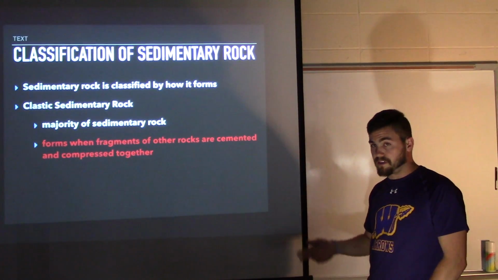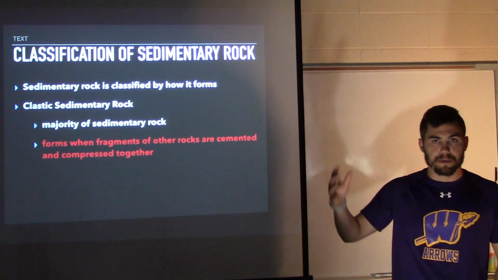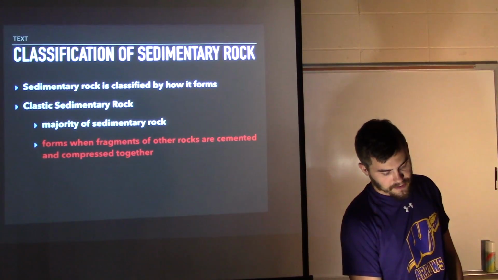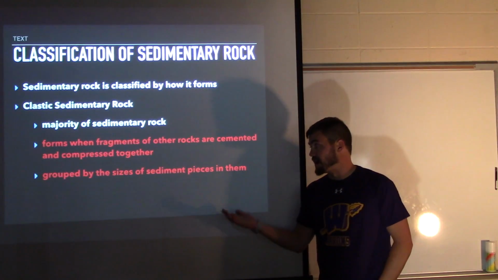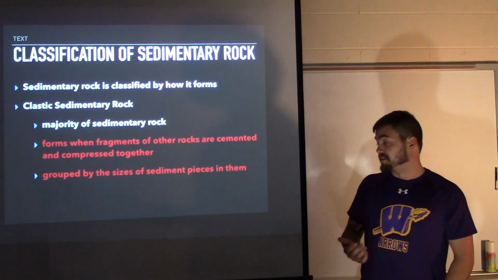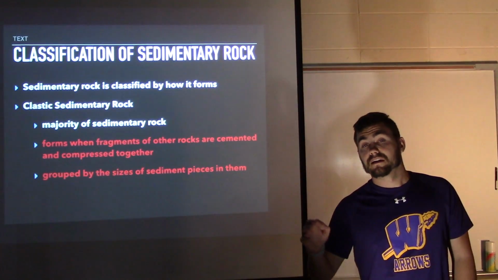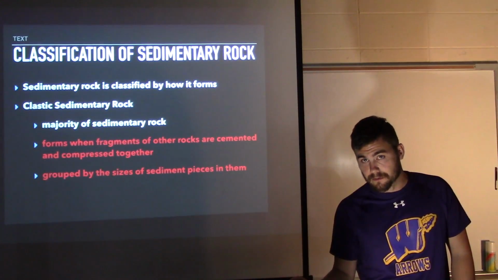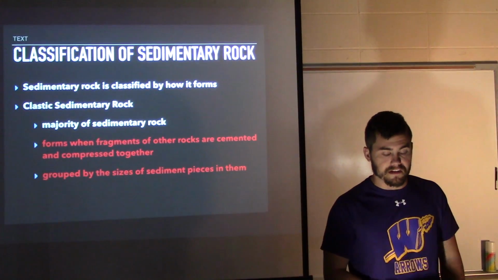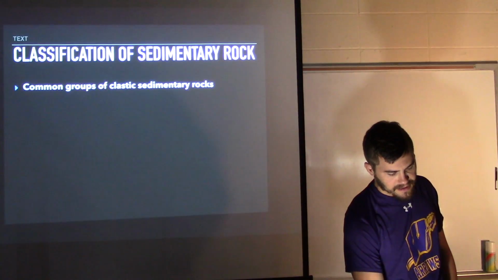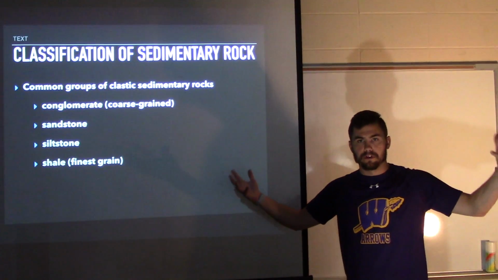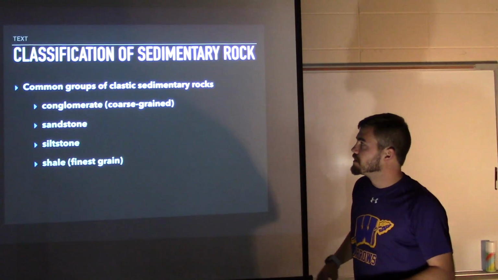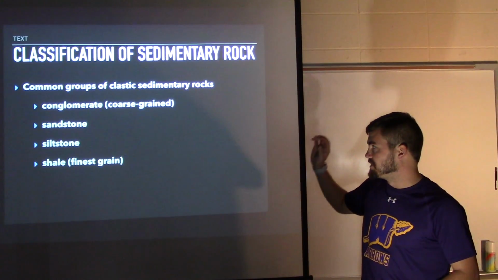Pre-existing rock is weathered down, eroded, deposited, compacted, cemented together. And then we will further classify these by the sizes of the sediments in them. Just like texture in igneous rocks, the texture of sedimentary rocks is also taken into account. So basically, we put them in really broad groups, but there are many examples of each of these.